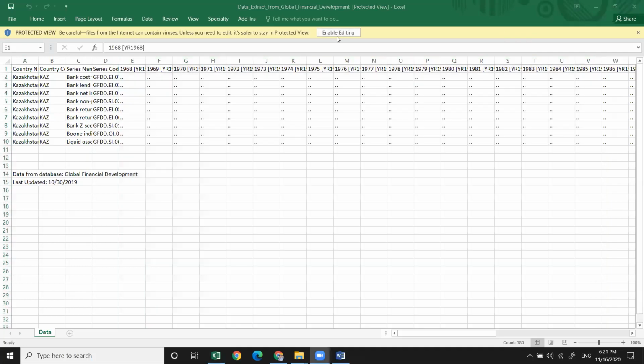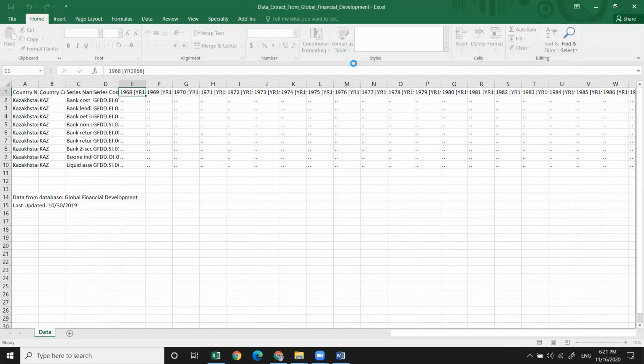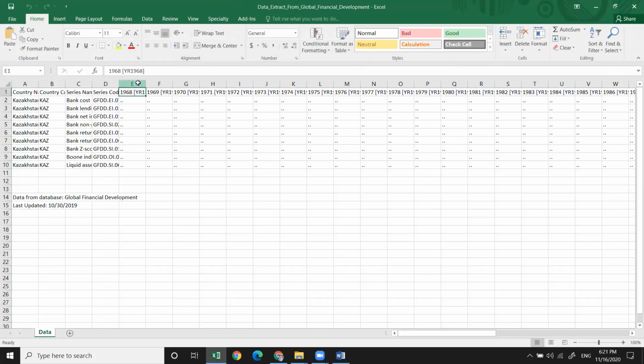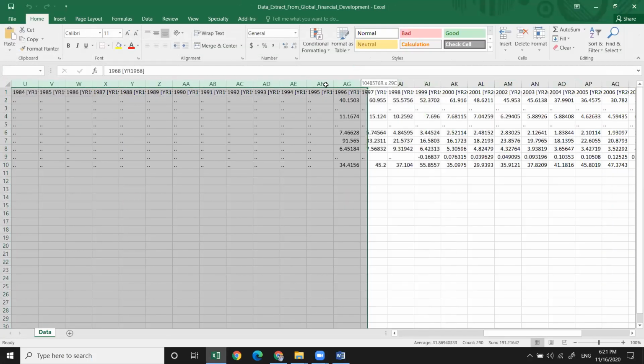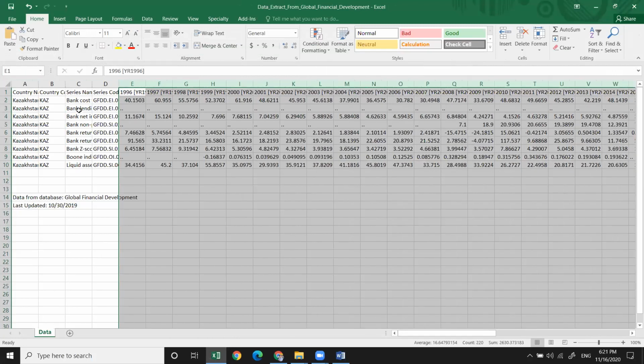Enable editing. Okay, I'm just deleting this. Until even 1990 nothing. From 91 to 95 it was not that transparent, but then it became transparent.